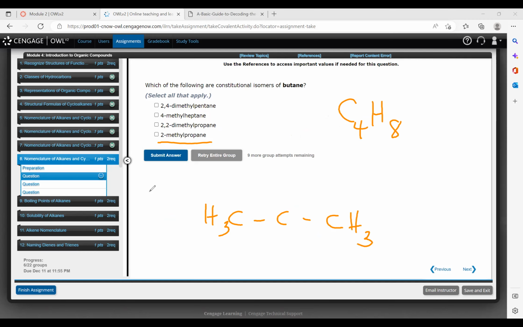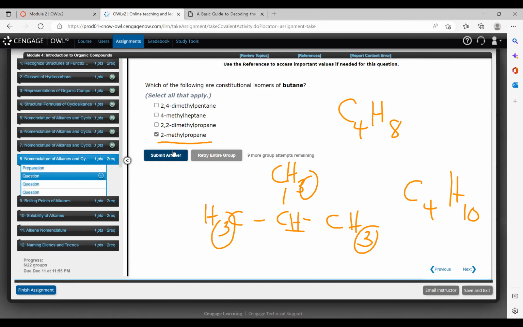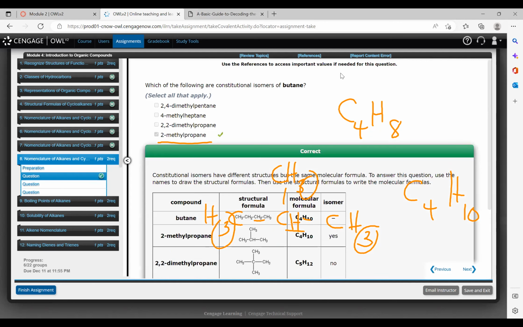And then it tells us that we have a second methyl, that's CH3 coming off here. So now we have C4 and then 3, 6, 9, 10. So this is the only constitutional isomer that's going to work here. Submit our answer and we're good to go.